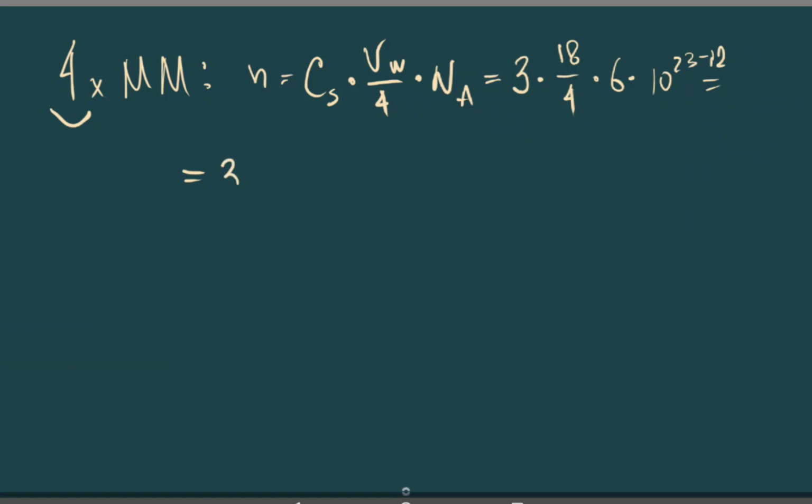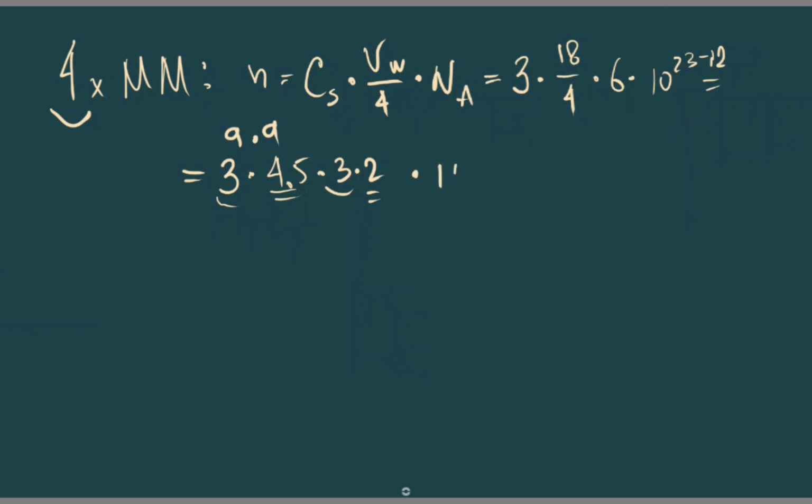We will be left with 3 times 4.5 times 3 times 2. So these will make 9 times 9 times 10 to the power of 11, and it will be 81 times 10 to the power of 11, and we place the decimal point here: 8.1 times 10 to the power of 12.